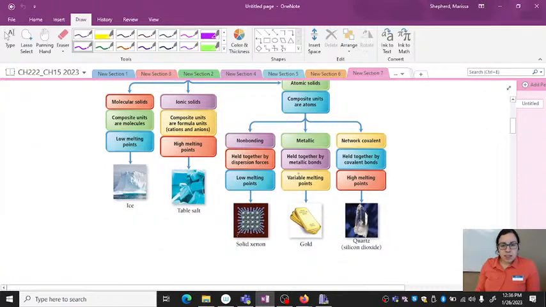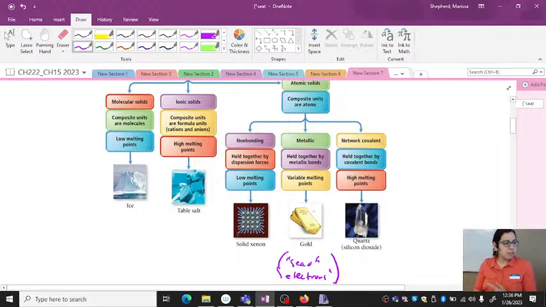And then you have metallic bonding, which we'll look at in a second. So metallic bonding is a little bit interesting. They kind of make what's called a sea of electrons, and they tend to delocalize and then all bond together by these kind of metallic bondings. And they tend to have much higher melting points.